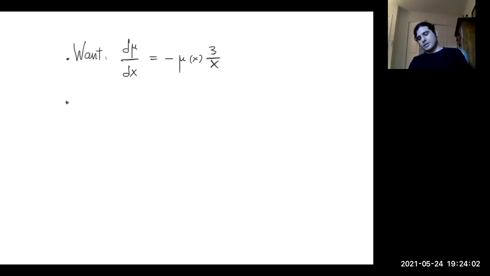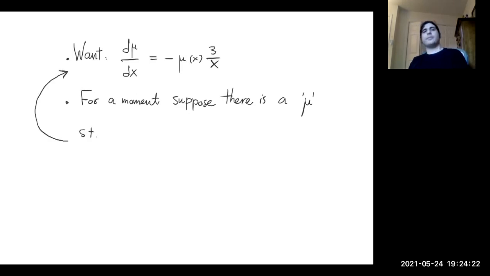So for a moment, suppose mu satisfies this equation. Suppose there is a function mu such that mu satisfies this thing. In that case, remember we wrote down the equation, this is after multiplying by mu.